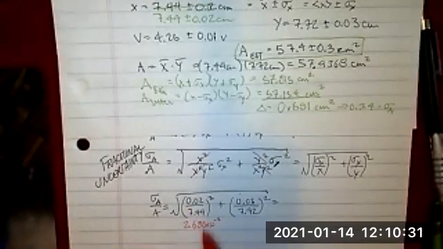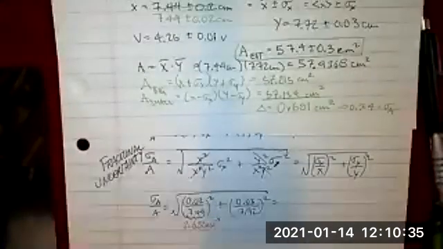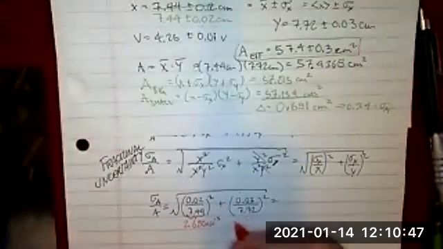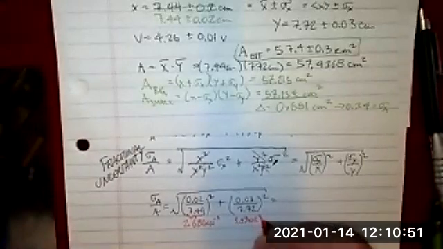That's before I square it, by the way, so that's just this part. And then 0.03 divided by 7.72, and that one's 3.89 times 10 to the negative 3.